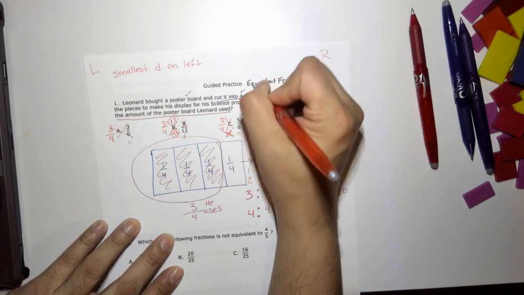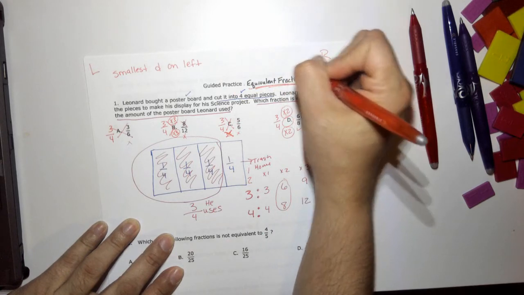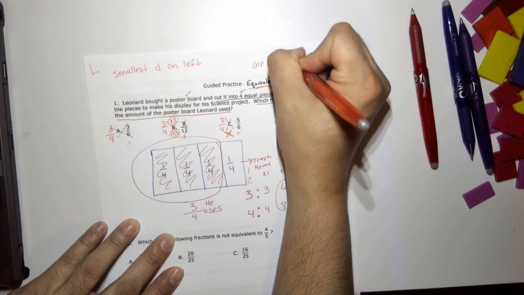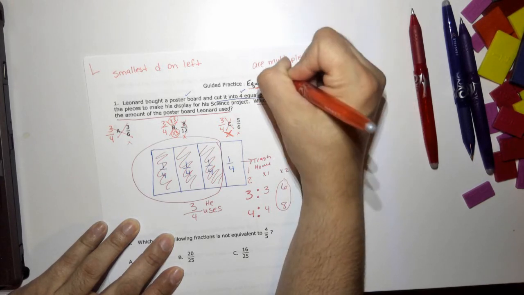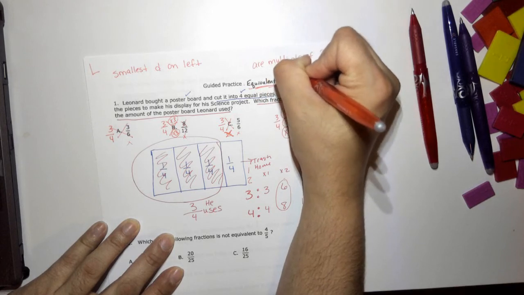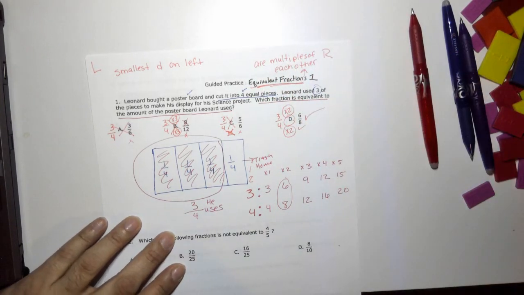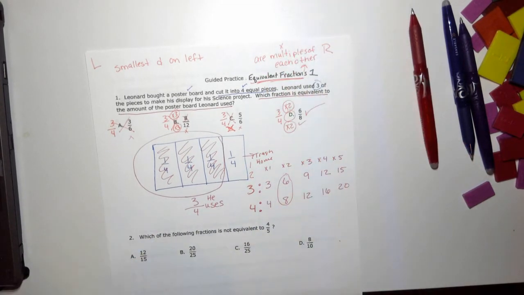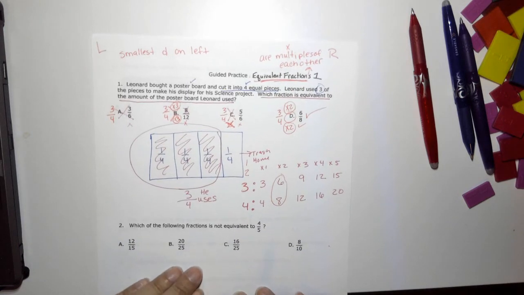That needs to go in your notebook. Equivalent fractions are multiples of each other, so that means you have to multiply by something. Okay?